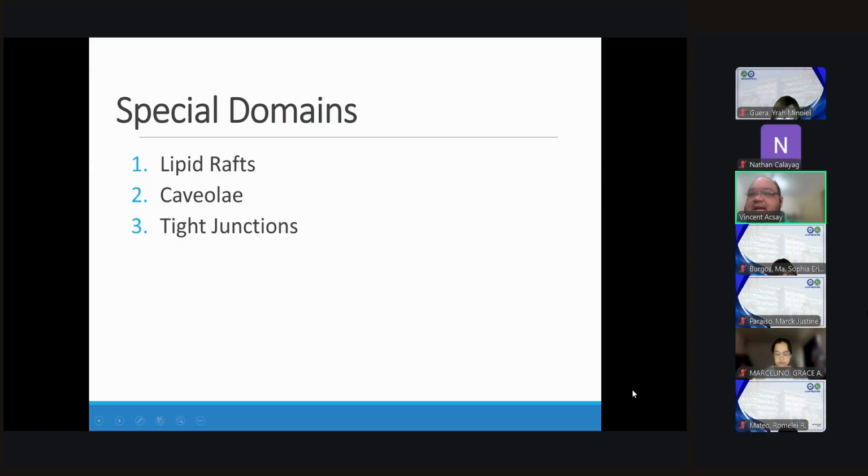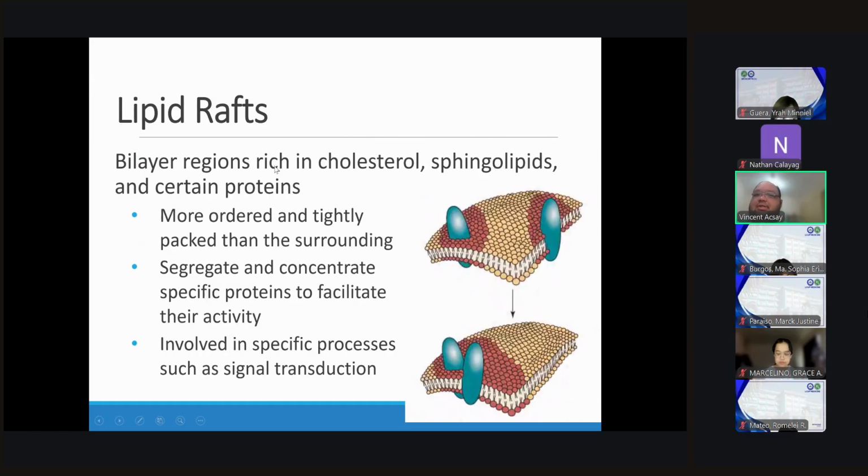Your lipid rafts are bilayer regions that are rich in cholesterol, sphingolipids, and certain proteins. As we see, cholesterol and sphingolipids tend to be more packed and less fluid, or more regulated in their fluidity. They are more ordered, more tightly packed than the surrounding phospholipids.